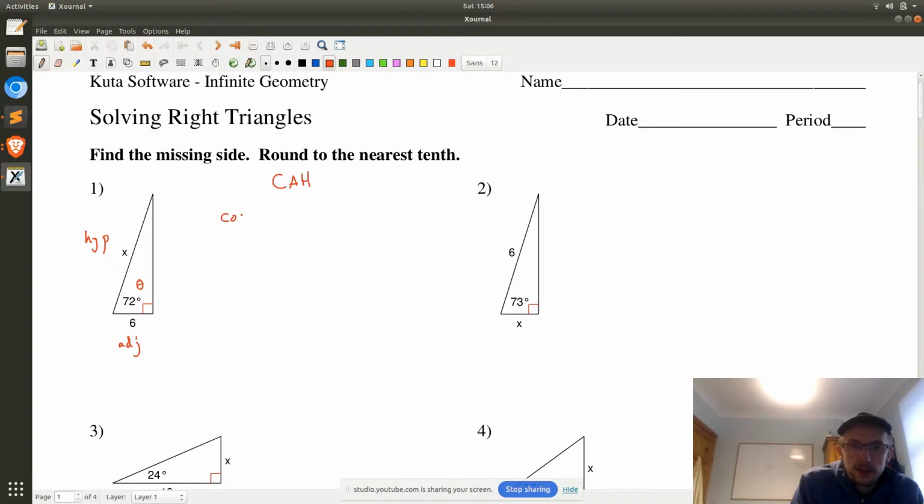We write out cosine of theta is adjacent over hypotenuse. We make the substitutions we need to. Cosine of 72 degrees is 6 over the hypotenuse, which is the one that we actually want, which would be x, rather. And then we rearrange. So x would be 6 over cosine of 72 degrees. And then we get that to the nearest tenth.